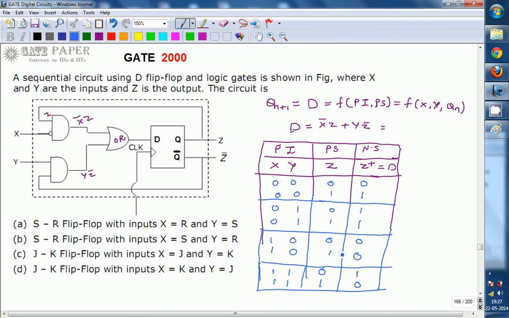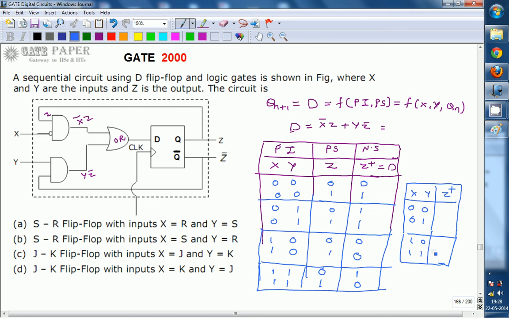Next state for each possible combination of present inputs and present state. So now we will write a short table like this: x, y, and the relation is z plus, with 0 0, 0 1, 1 0, 1 1. So these are the possible combinations of xy, and what will be your next state in terms of present state.